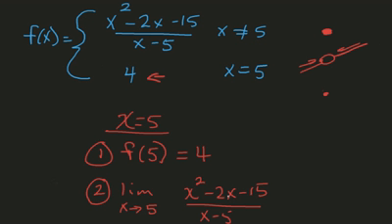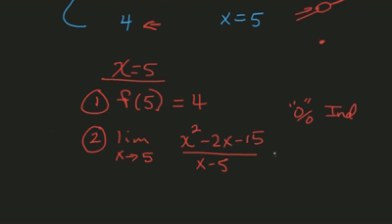So we get 25 minus 10 is 15, minus 15 is 0, and then plug in the 5 in the bottom and you get 0 over 0. That's referred to as an indeterminate form, so we write IND for short, and for some of you guys for spelling.